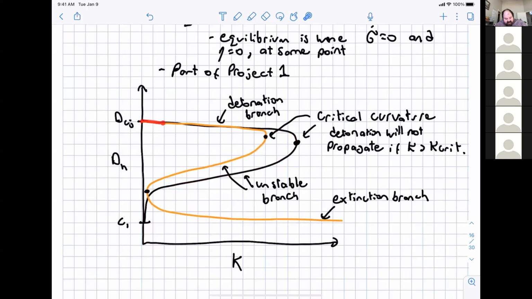What we're really interested in for detonations is just this very top portion, so either the P curve or the S curve is more or less the same. Similar D versus kappa results have also been shown experimentally for this top branch.